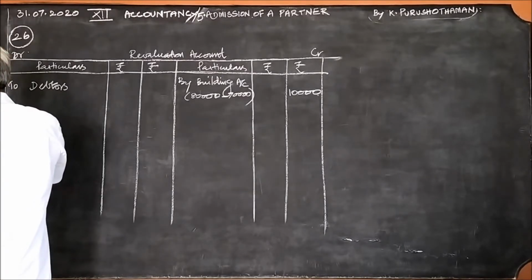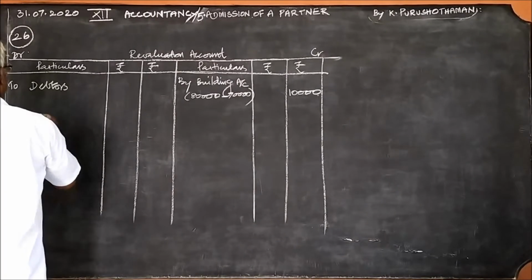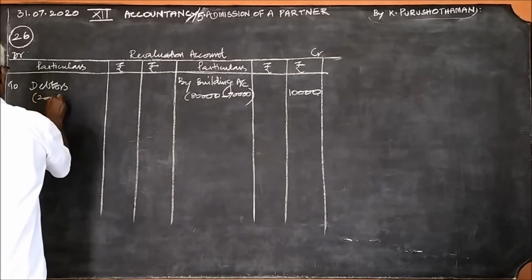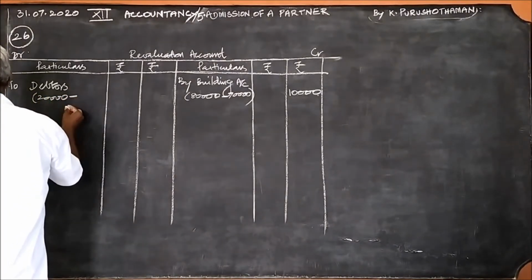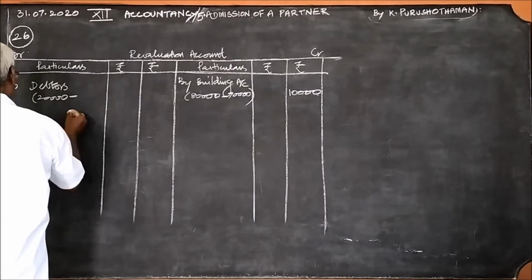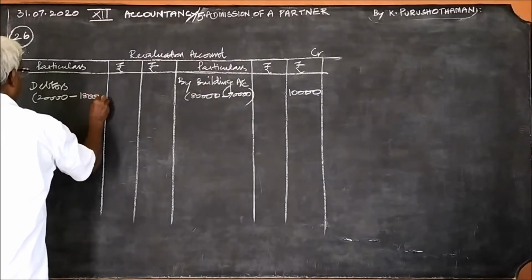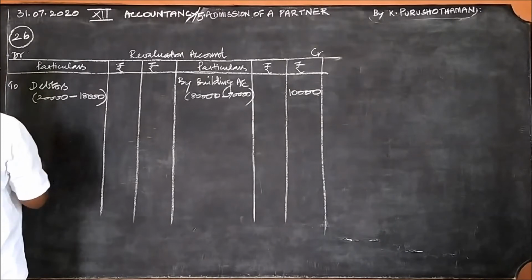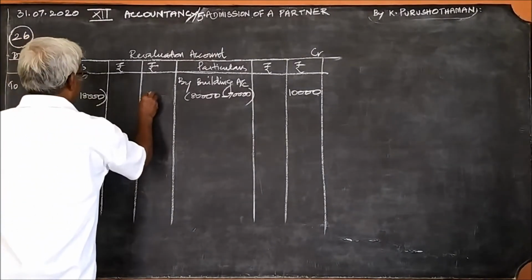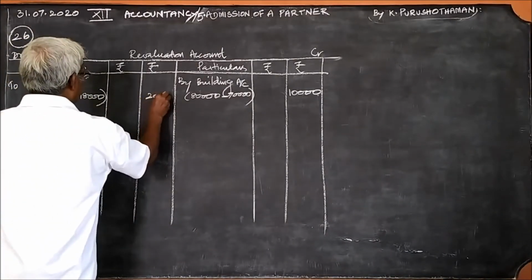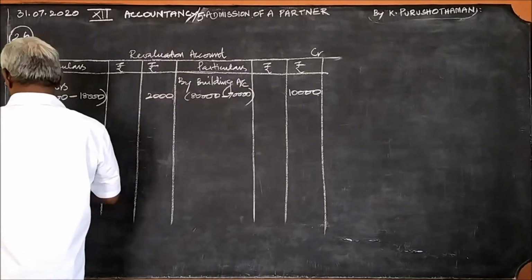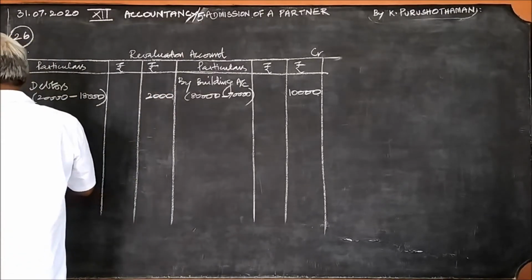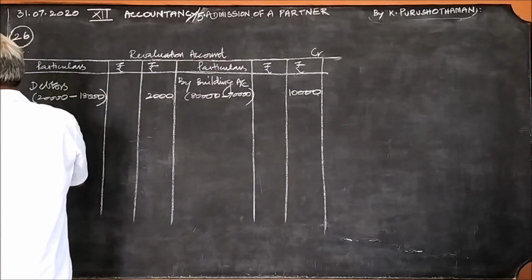Now it has been valued as 18,000. Therefore, 20,000 minus 18,000, the value of asset is decreased, therefore it is a loss, 2,000.